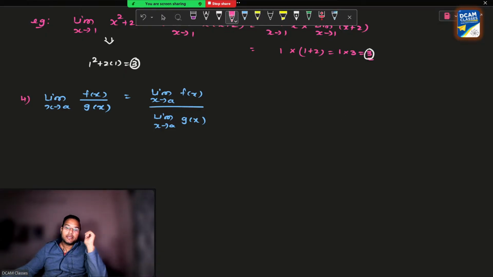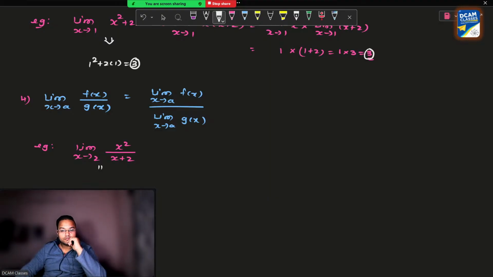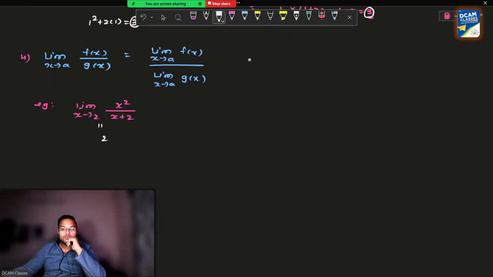An example you can take is limit x tending to 2 of x square by x plus 2. One way of solving is just putting the value 2 here. You'll get 2 square by 2 plus 2, it's 4 by 4, it's 1.